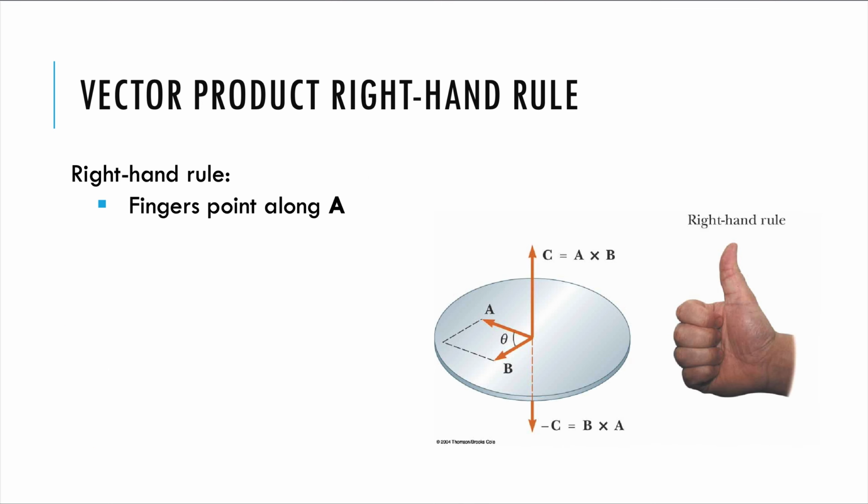Okay, so how do we find the direction of the cross product? We use the right-hand rule. It's a three-step process.